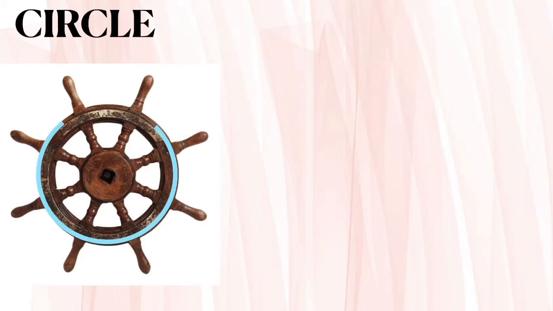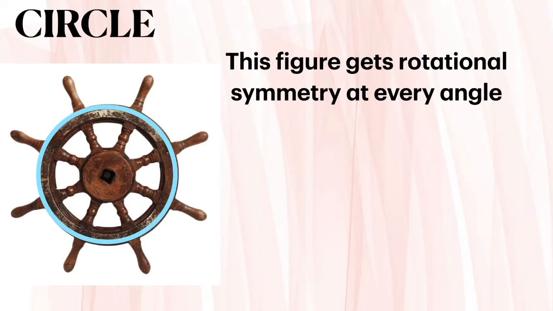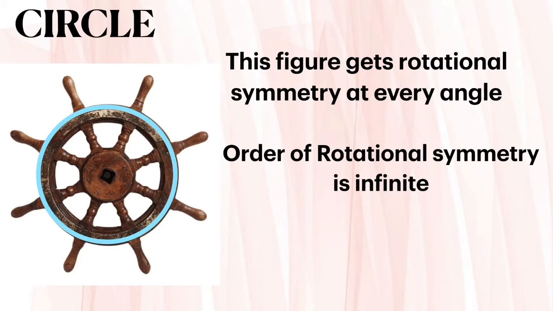And we have a very special shape with us. See this wheel which is circular in shape. This figure gets an identical shape after covering every angle, isn't it? Because we know that in the case of a circle, if we rotate our circle a little bit, we get the original shape and it becomes very difficult for us to identify which one is the previous one.